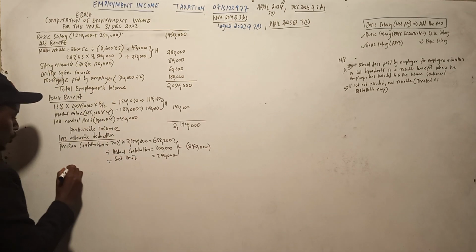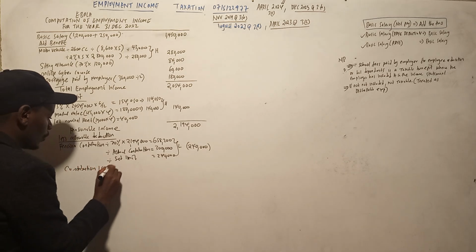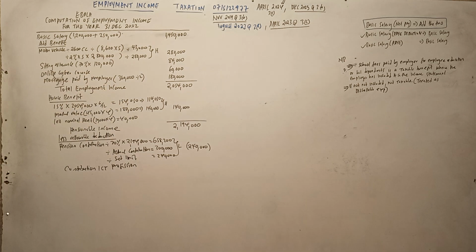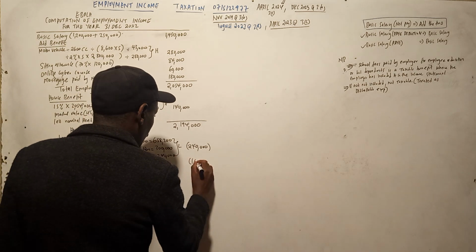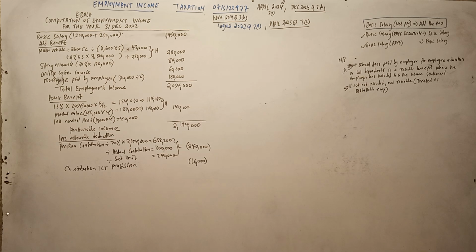And then you have contribution to ICT. Hiyo ndio field yake, professional. Then will be a deduction which is allowable, 16,000.